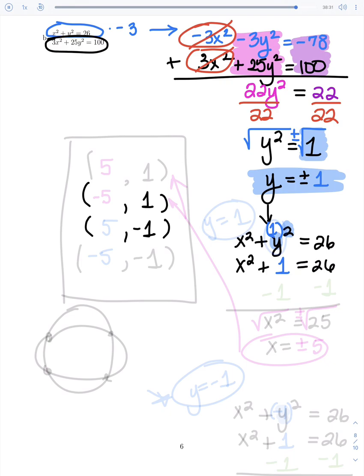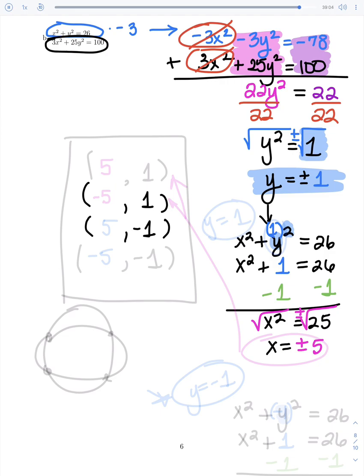Keep on going. We'll subtract 1 from both sides. That will get us x squared equals 25. Again, just like before, you have to take the square root of both sides, and just like before, you're going to pick up a plus or minus symbol. So I'm actually going to get two solutions for this x: plus or minus 5.